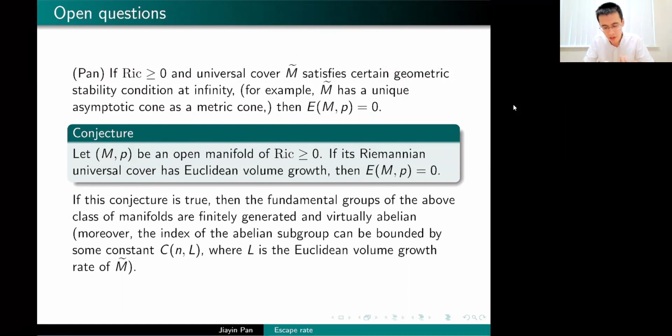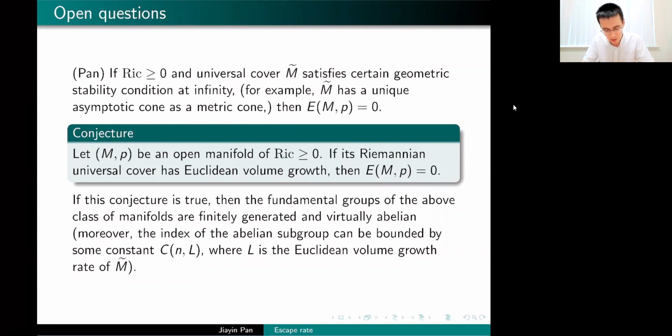Under this Euclidean volume growth condition, any asymptotic cone of the universal cover will be a metric cone of Hausdorff dimension n, but it may not be unique. So the thing here is that it may not be unique, and then some issues arise if we apply the strategy here. But we still want to say that this zero escape rate should be true.